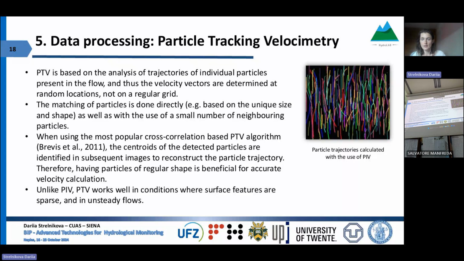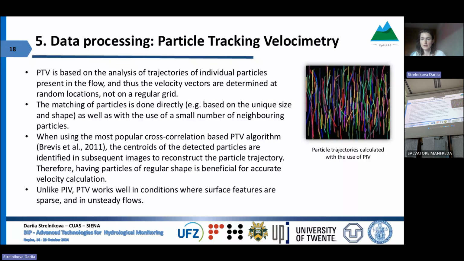And matching of particles is not done based on their neighborhood, but based on them separately, or sometimes with a small number of neighboring particles, but it's definitely not the same kind of pattern which is being recorded when PIV is being applied. And in many tools which implement PTV, the algorithm of Brevis is being used.